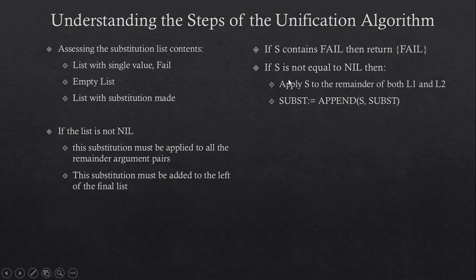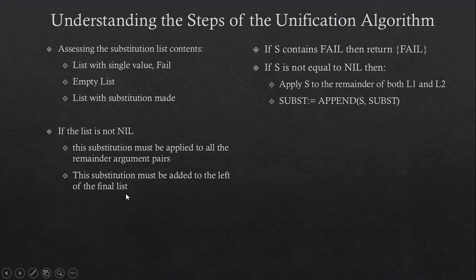Why? For consistency. Once this is done, we need to append it to the left of the string that is getting built for all the arguments, one pair at a time, SUBST, one loop at a time. Why? Because the output has to be in function composition notation. That's why to the left of the string.